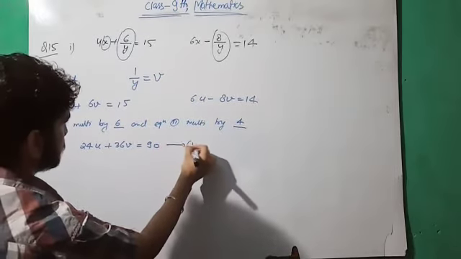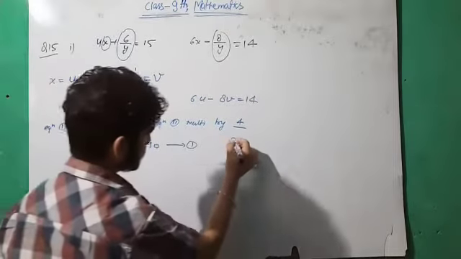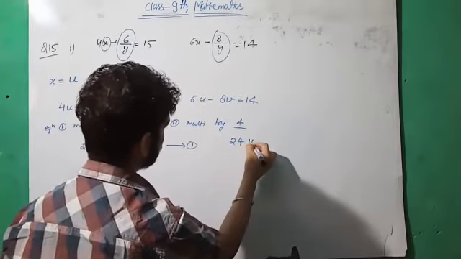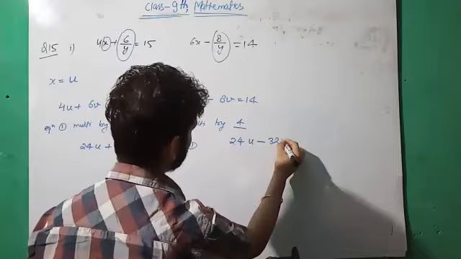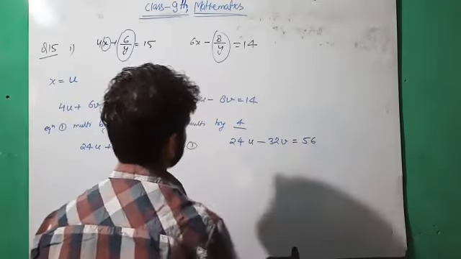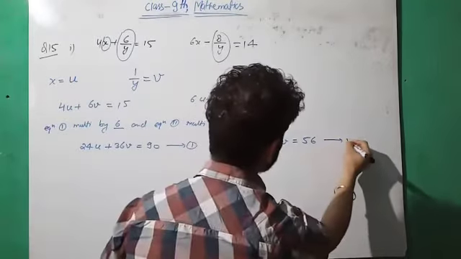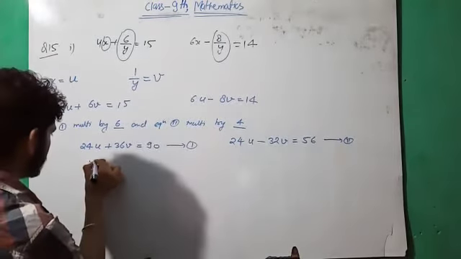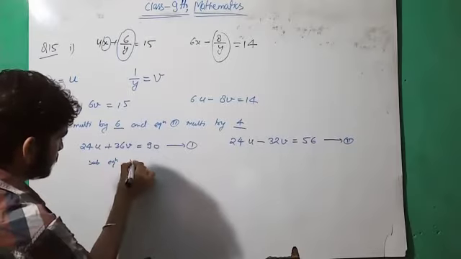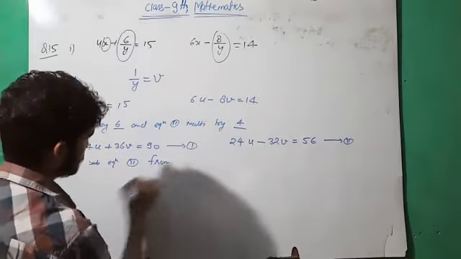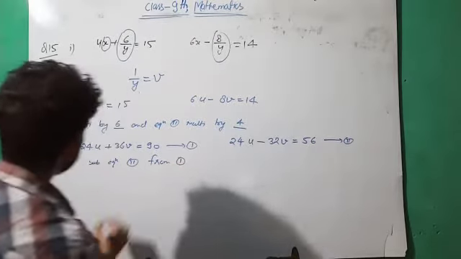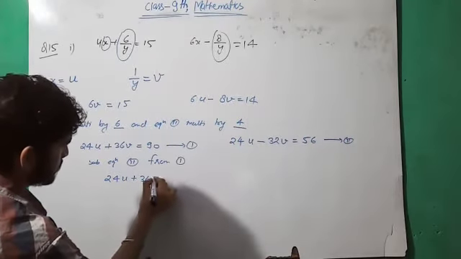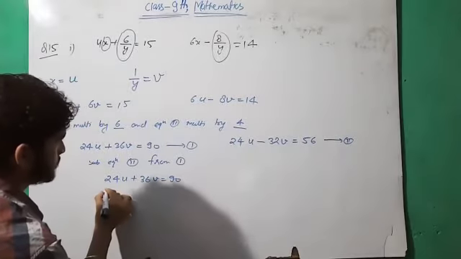This is equation number 1. Now equation number 2: 4 into 6 is 24u minus 32v equal to 56. Now subtract equation 2 from the first. The first equation is this and the second is this.